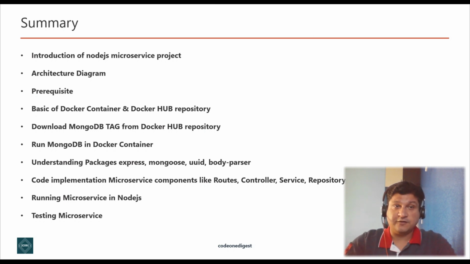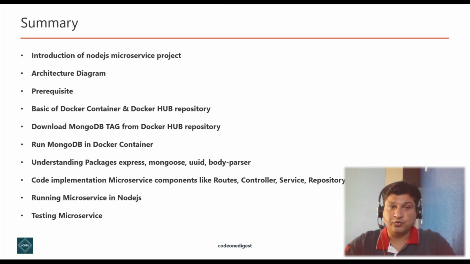I gave you an introduction of the Node.js microservice project with MongoDB in a Docker container. I explained the project with an architecture diagram. Then I showed you the prerequisites for this project, what all software you need to run through this tutorial, right? Then I explained the basics of Docker containers and the Docker Hub repository.